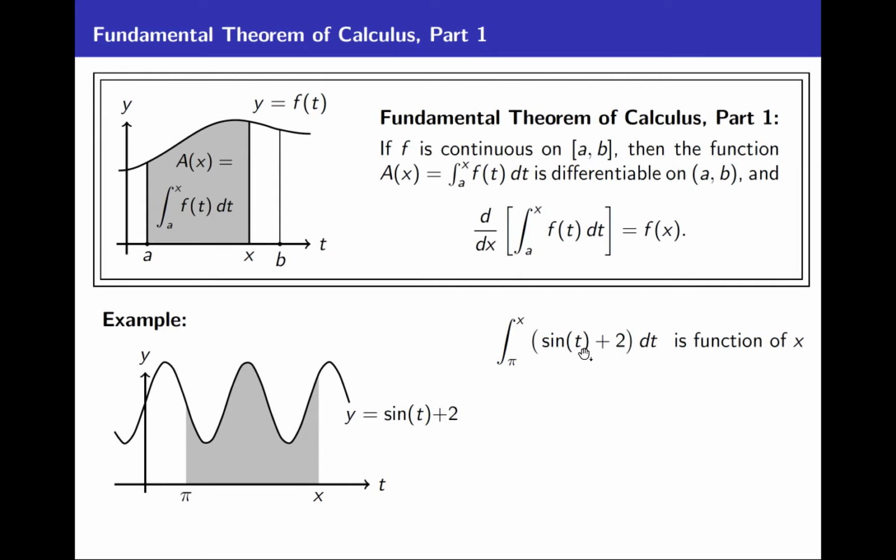It's going to be sine of t plus 2, or sine of x plus 2. The derivative of the integral from pi to x of sine of t plus 2 dt is sine of x plus 2, your f of x. So that's the fundamental theorem of calculus, part 1.